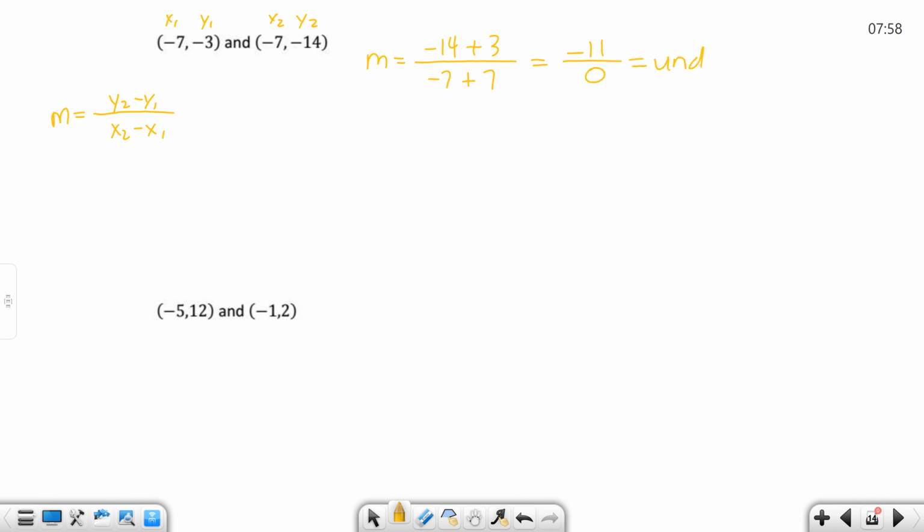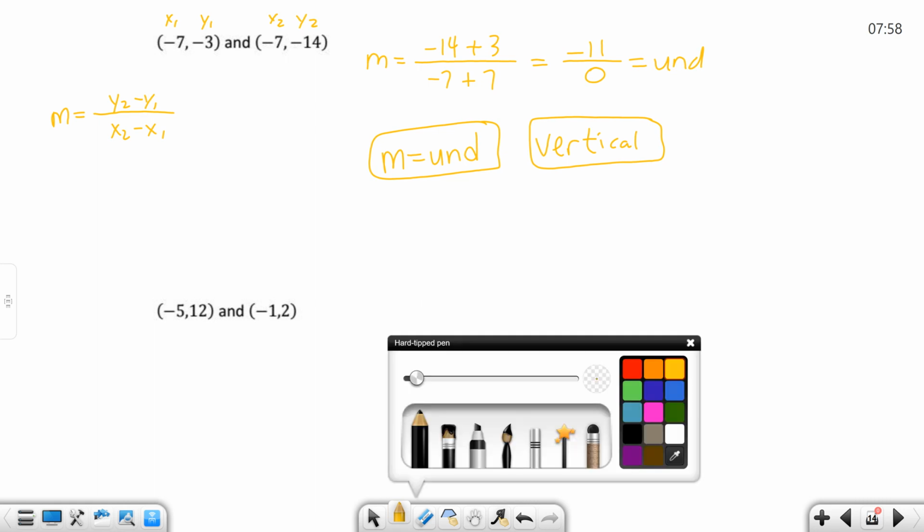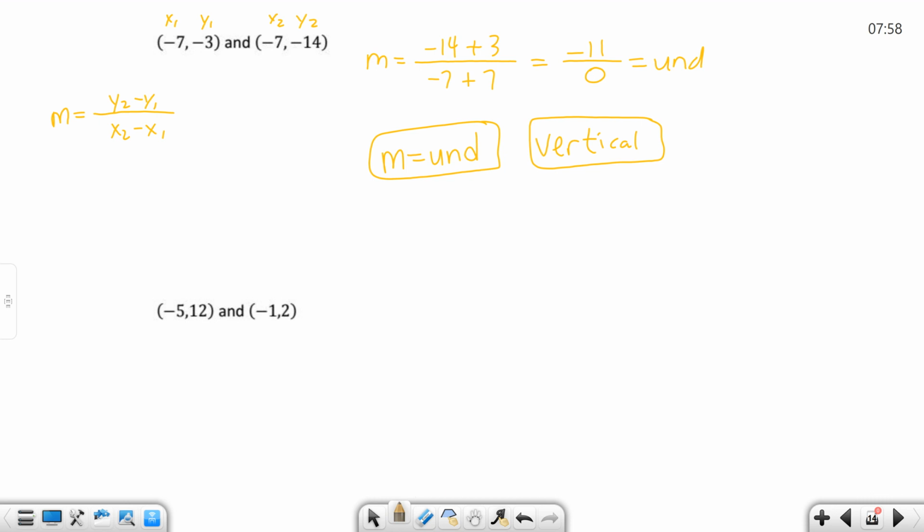Again? So that's what? Undefined. That is undefined. It's an undefined slope, which we just said is a vertical line, right? Remember VUX. A vertical line has undefined slope and its equation is x equals a number. In this case, it's x equals negative 7, by the way, because that's what my x values are.